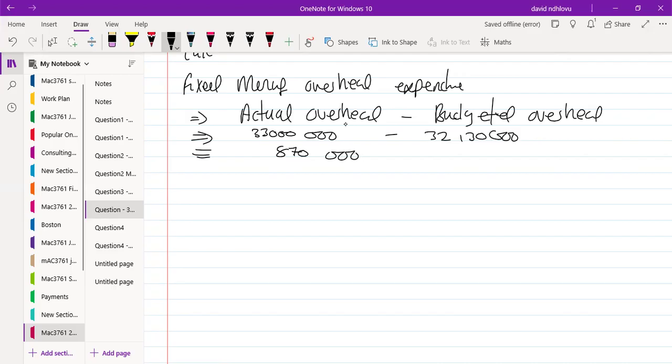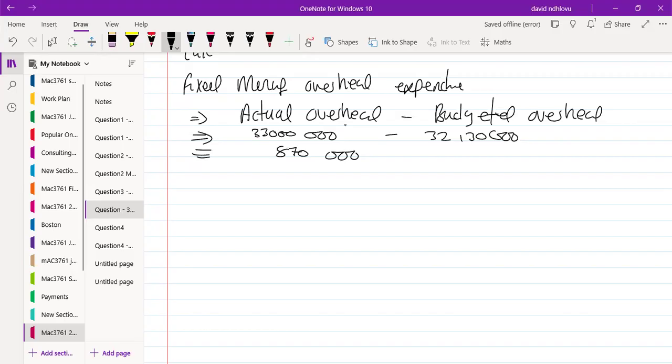A favorable variance is where actual performance is better than the budget. It means it will improve profitability. A negative, adverse or unfavorable variance is when actual performance did not match up to the budget. It is poor compared to the budget.